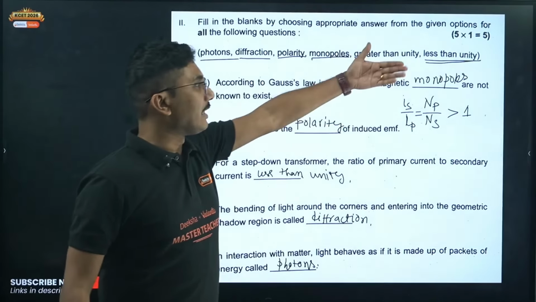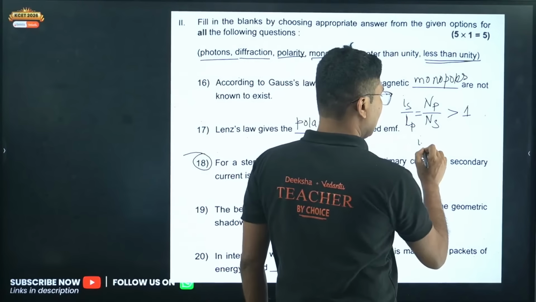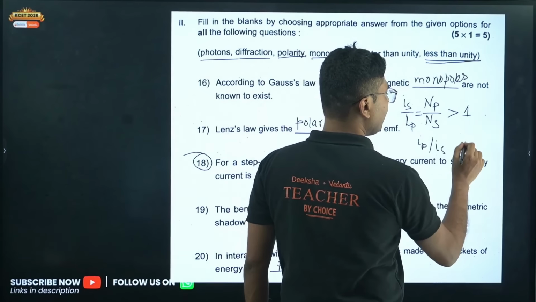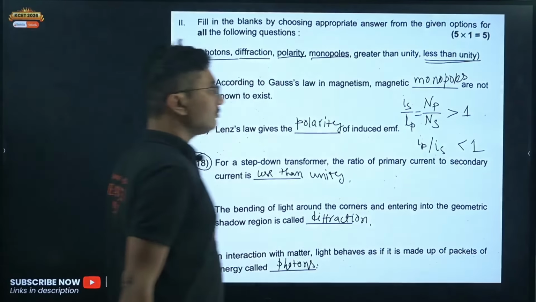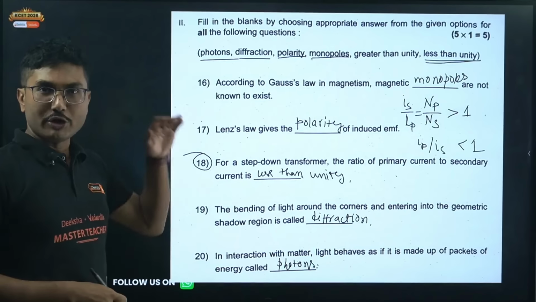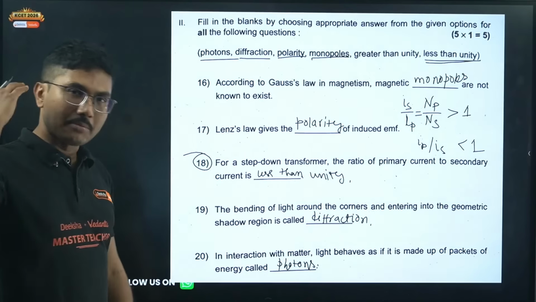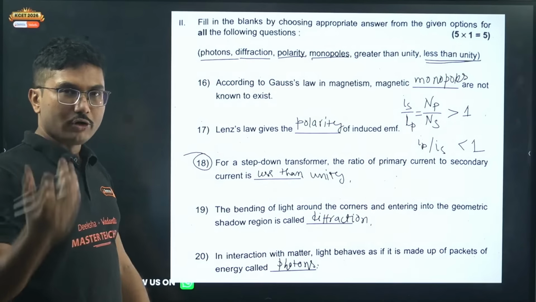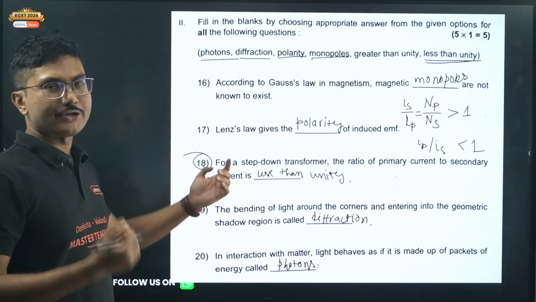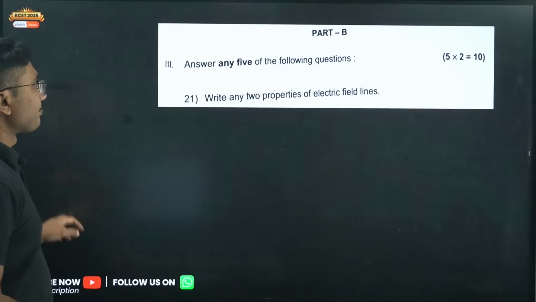So if you take the reverse, that is IP by IS, it should be less than 1. Okay, step down transformer, voltage decreases, current increases. You can remember it this way also. Voltage decreasing means current increasing, so the ratio will be less than 1.